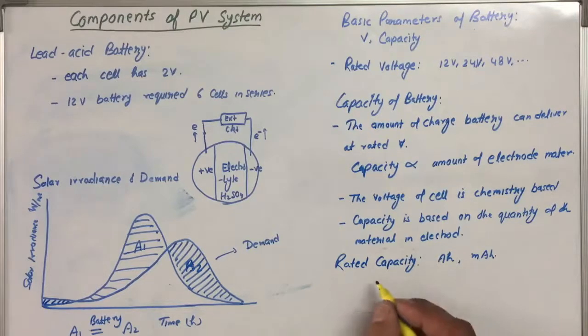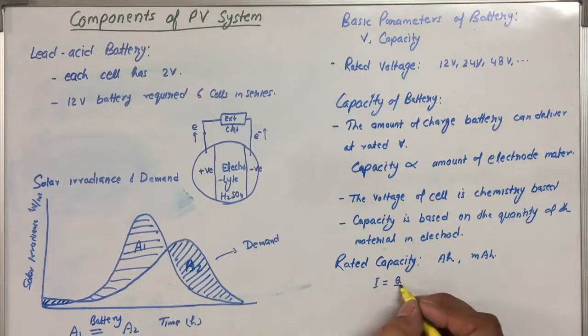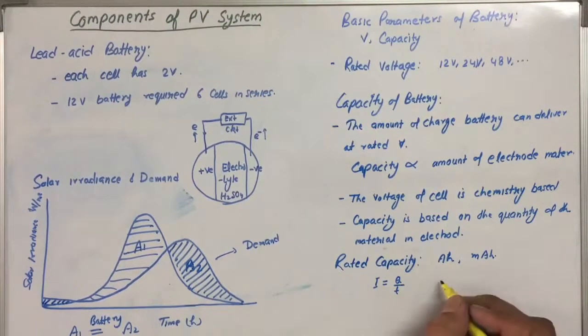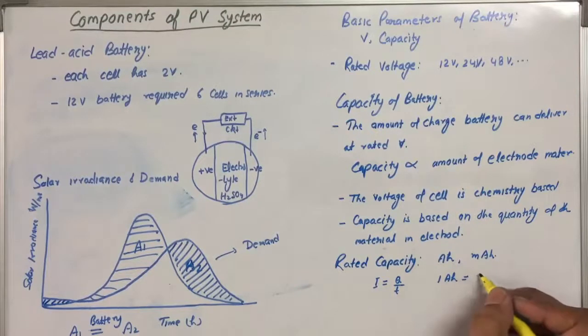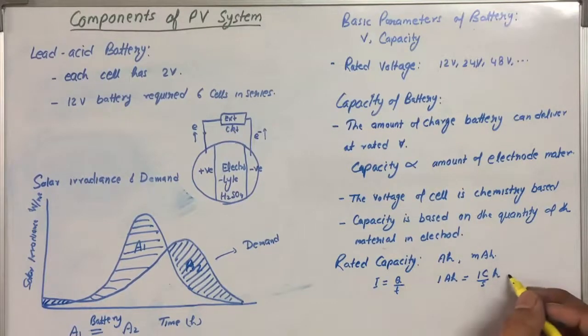And we know that current is the rate of flow of charge, so if we write 1 ampere hour, it means 1 coulomb per second into hour, and if we simplify further we get 3600 coulomb.